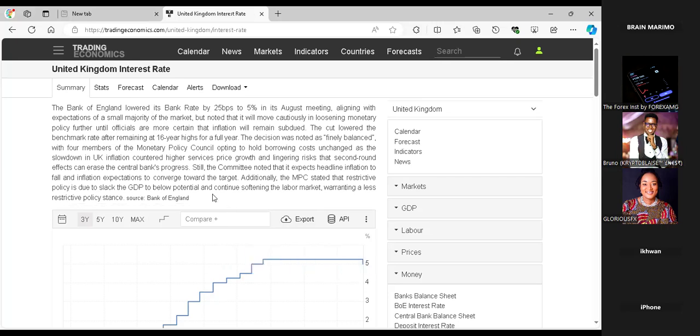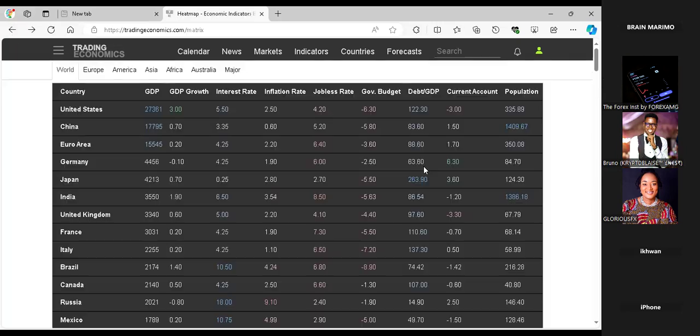Now, of course, in this instance we don't have the widest divergence, right? We know that the US is going to cut as well in a few days from now. I think 7 days to be exact, on the 18th. And that will likely bring them down to 5.25, maybe possibly also 5, putting it pretty much on par with this.